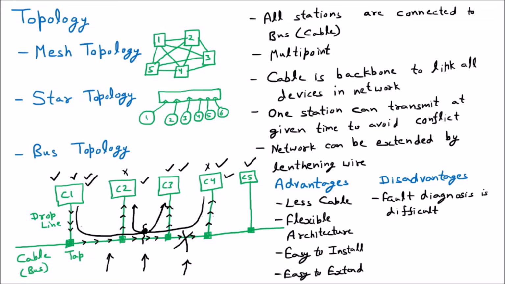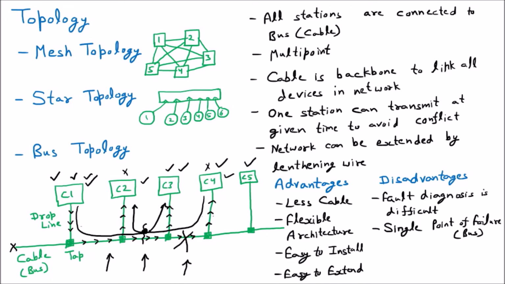Then the second thing we have is the single point of failure. And we know that this time the single point of failure is the bus. So if the backbone bus fails, let us suppose that this bus is not working, now the whole network is based upon the bus. So if the wire is not working, how will the network work?